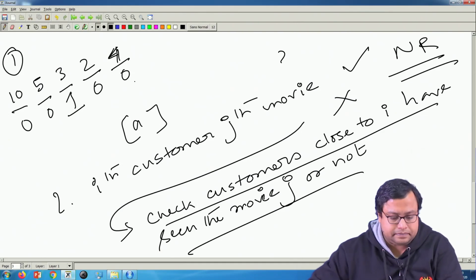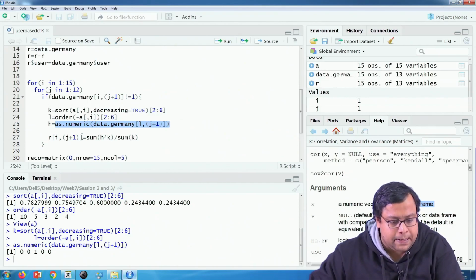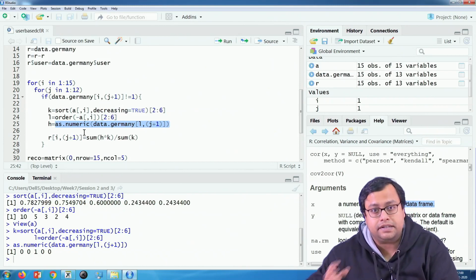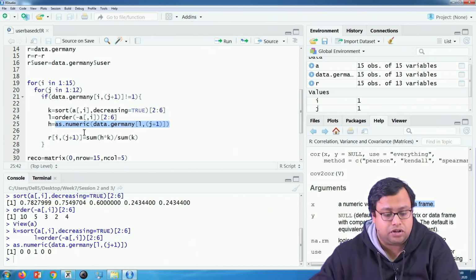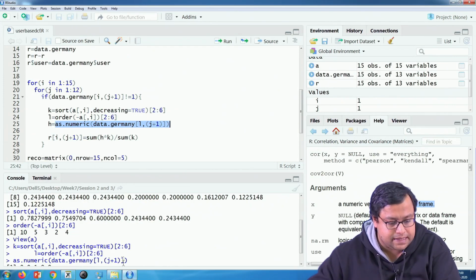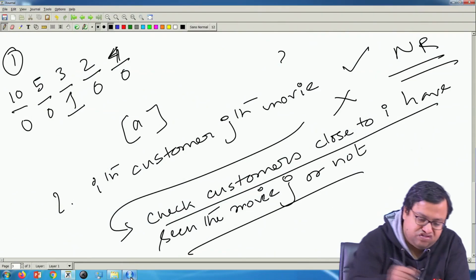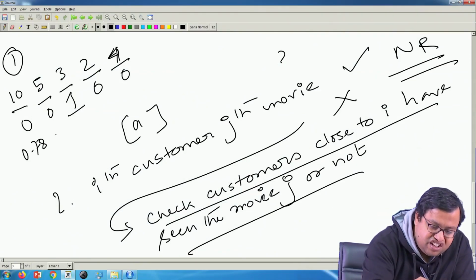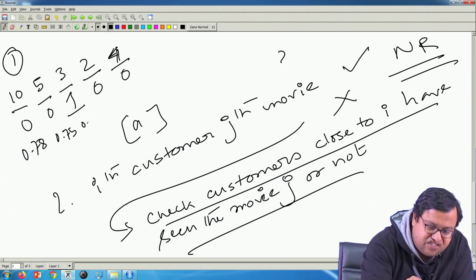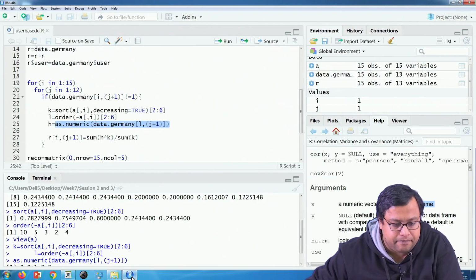And then what I am trying to calculate? I am trying to calculate the recommendation matrix: how strongly I should recommend. The similarity values are 0.78, 0.75, 0.6, and then 0.24, 0.24.